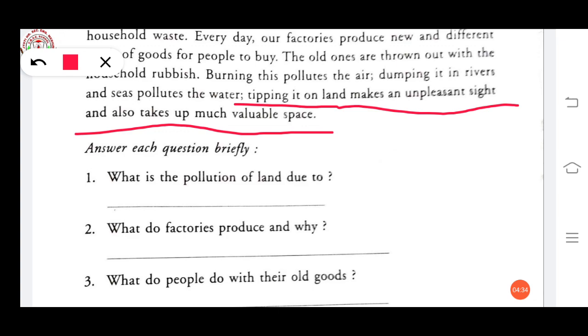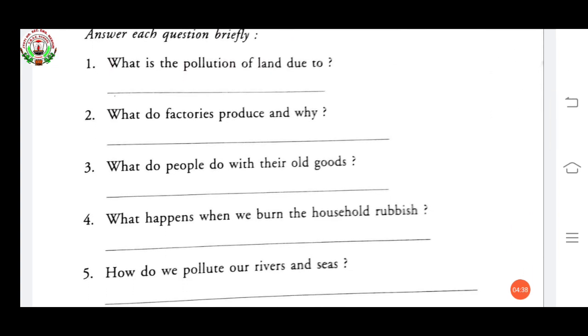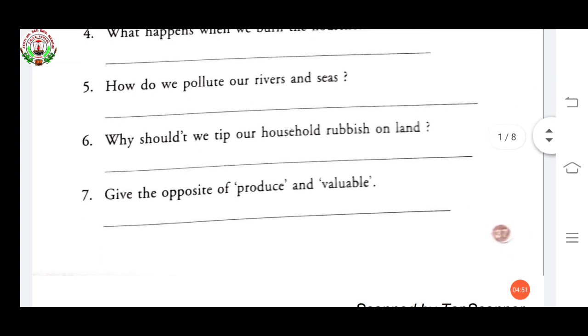So this is the answer. Now, how you have to write? We shouldn't tip our household rubbish on land because it makes an unpleasant sight and also takes up much valuable space. Now, seventh question. Give the opposite of produce and valuable.